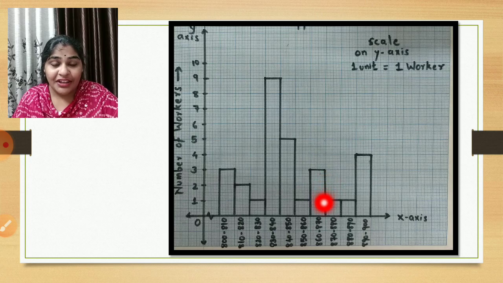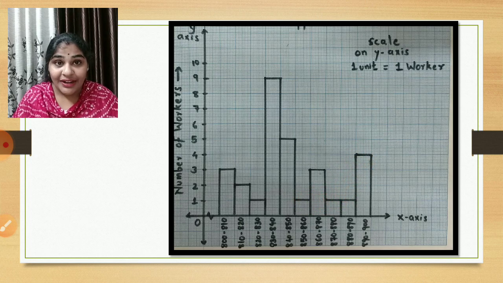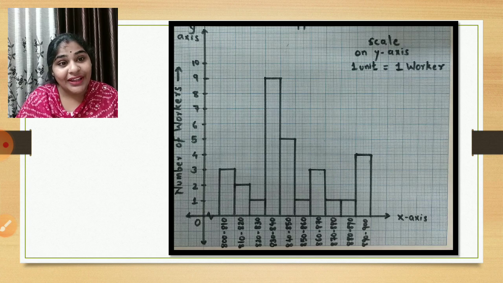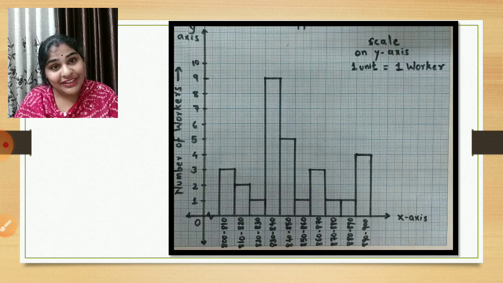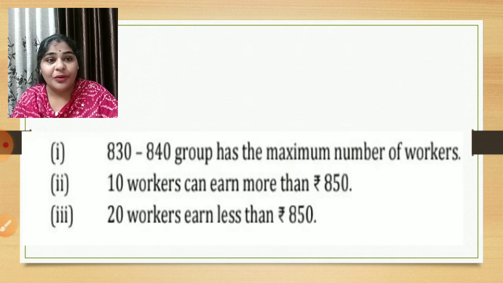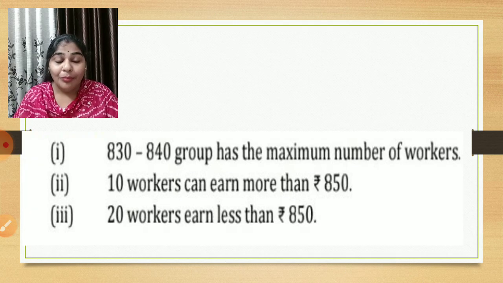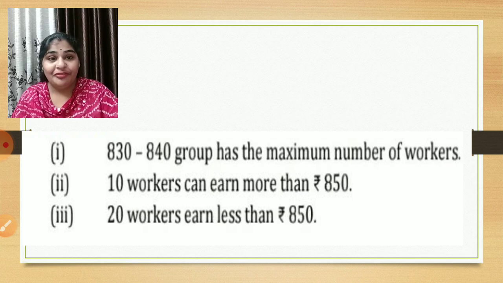Next is again 1 worker. Next class is 1 worker, and again 4 workers. So all these numbers of workers I have to add to find out how many workers are getting wages of 850 or more. So this will be 1 plus 3 plus 1 plus 1 plus 4, which is nothing but 10 workers.